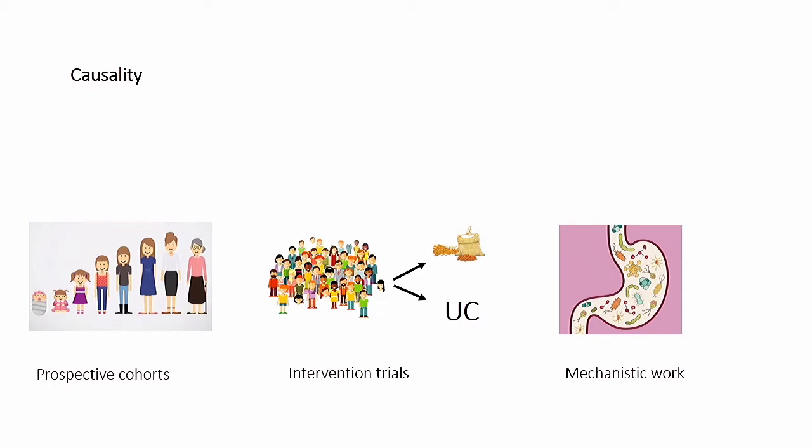I'm interested in the intervention trials of changing intakes when compared to something like usual care. And I'm interested in the mechanistic work to consider an action or response within the body in the presence of fibre. So each building block there tells a story in its own right. And if you see consistency between those building blocks, you become more confident that you understand what's going on, moving towards causality.